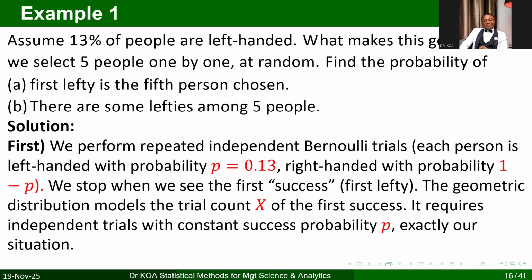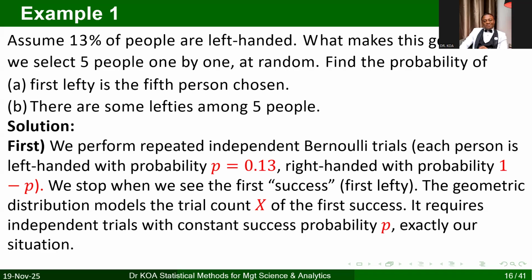Each person is left-handed. That is what it means. And the percentage of people that are left-handed are 13%, which means that the P is 13%, which means that those that are right-handed are what? About 87%. Now, watch the next sentence.